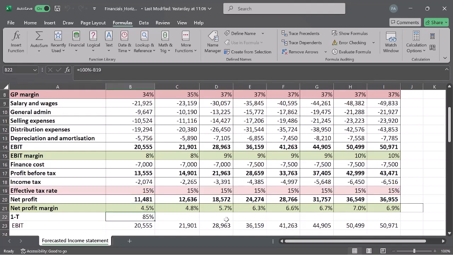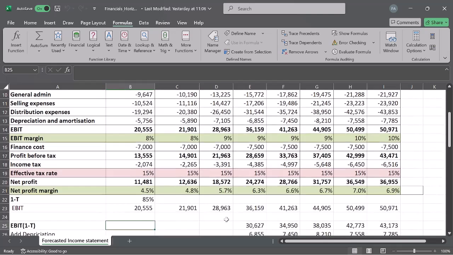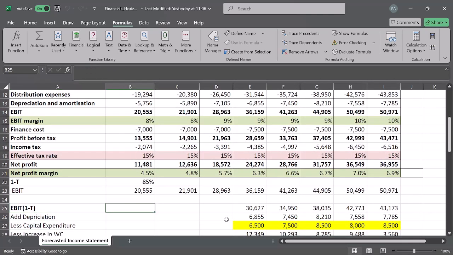Then we know that the tax is 15%. So 1 minus T will be 85%, because the tax is 15%. Now I take EBIT, and I am going to explain why we do EBIT (1 minus T).